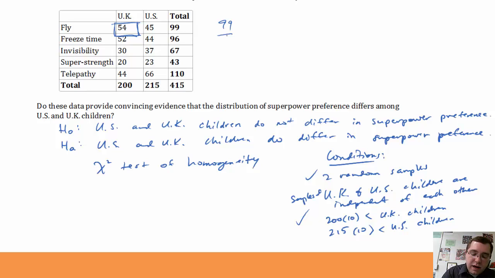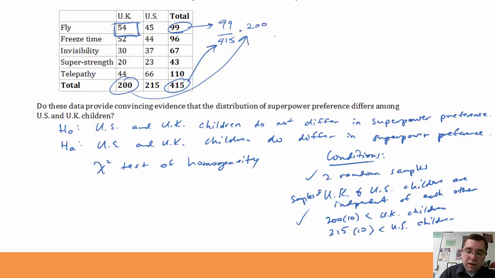That's 99 out of 415. So the total for the row divided by the total for the table. That's the fraction of all children who would prefer to fly. We're going to multiply that by the number of people in the UK sample, which is 200. And that should tell us how many should be from the UK and prefer to fly. So 99 divided by 415 times 200, which is 47.7.